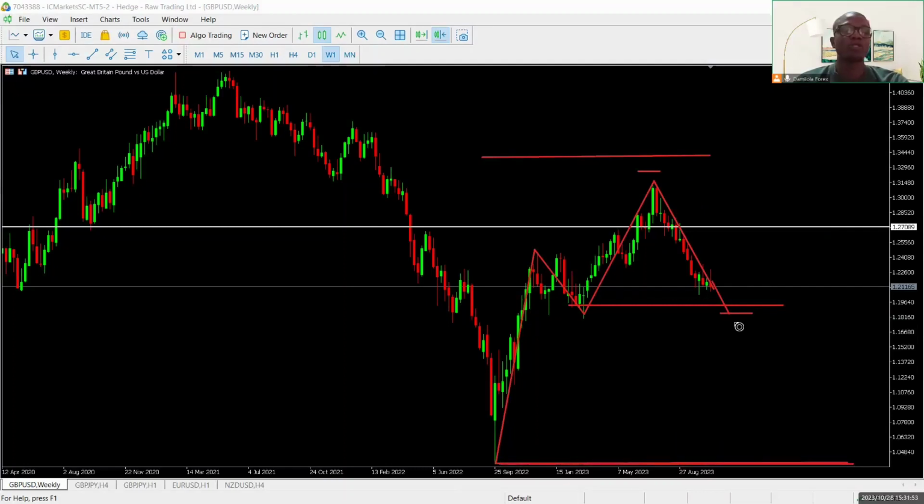But usually when a break of structure happens, a lot of times, about 80% of the times, we see a 61.8 retest. This 61.8 retest can provide us a better entry for a good risk reward. So at 61.8, you can sell pinpoint at 61.8, put your stop loss at the high, and let prices fall down to the 100.0.